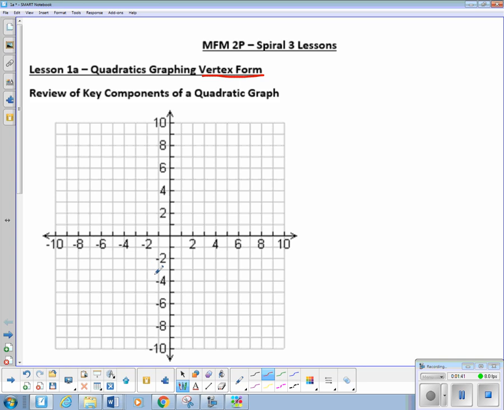Now, often because we looked at projectile motion, we often looked at something that was a U shape opening down. But I am actually going to start somewhere else, not opening down, but opening up this time, just so that I have some fun with it.